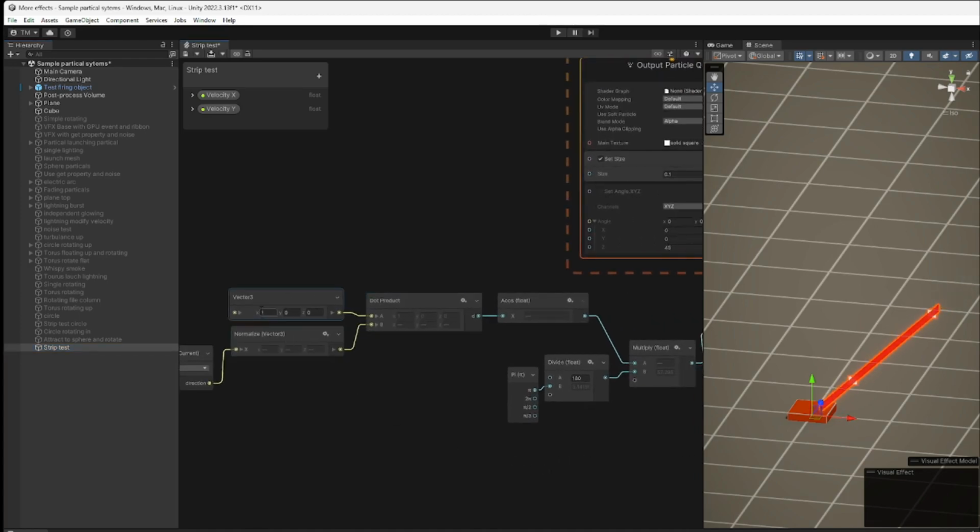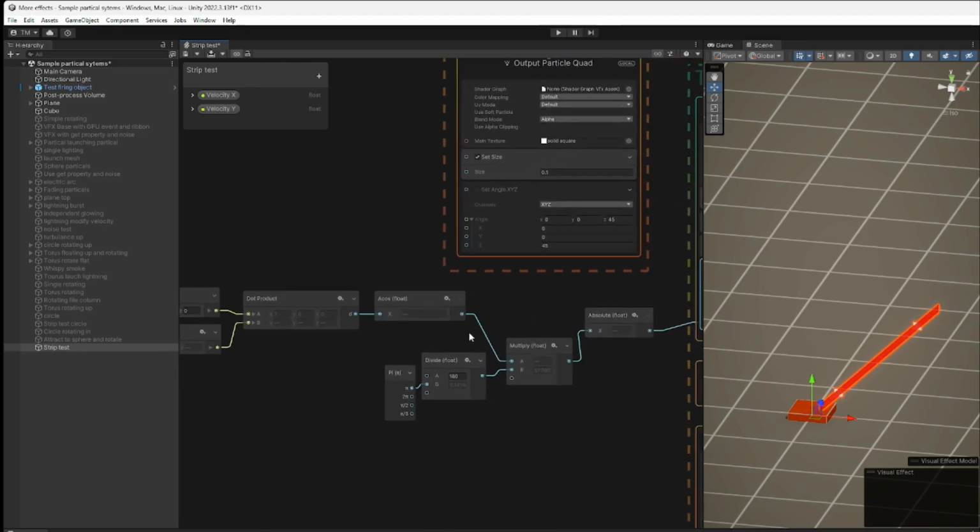So I'm taking my two vectors, taking the dot product, and again, they give us a node to do that because it's a common thing to happen. We take the dot product of those two vectors, and we take the arc cosine of it, which is the angle. They don't really define whether these angles are in radians or in degrees, but by a little trial and error, it is in radians.